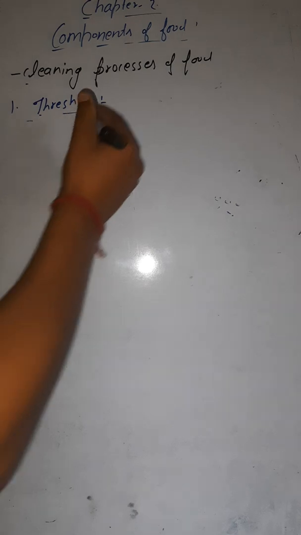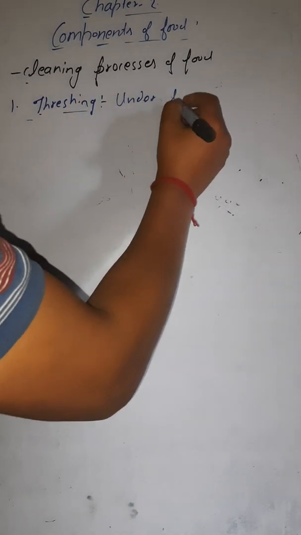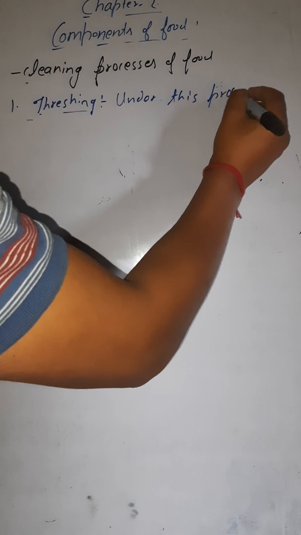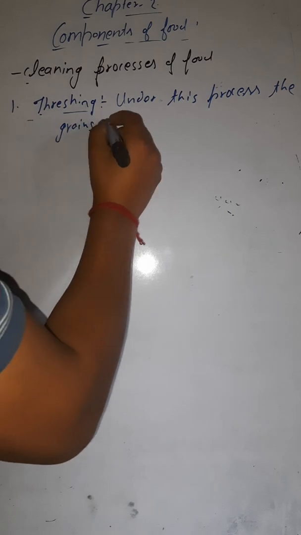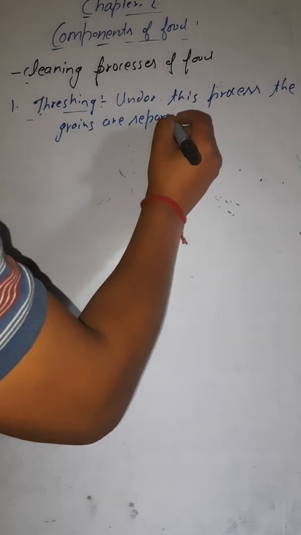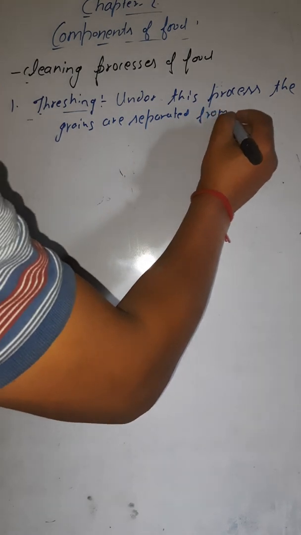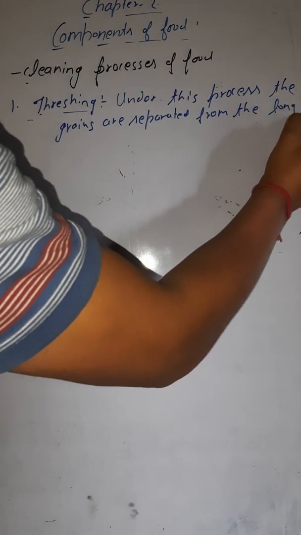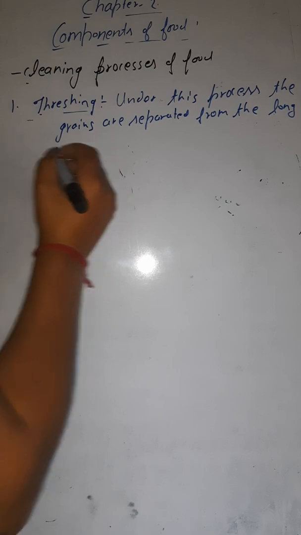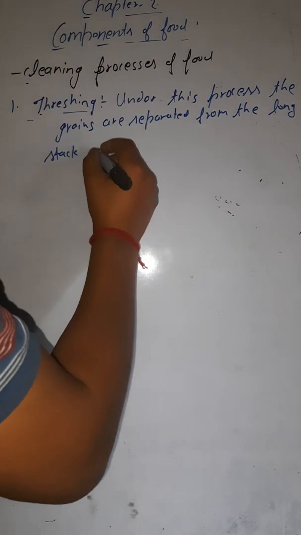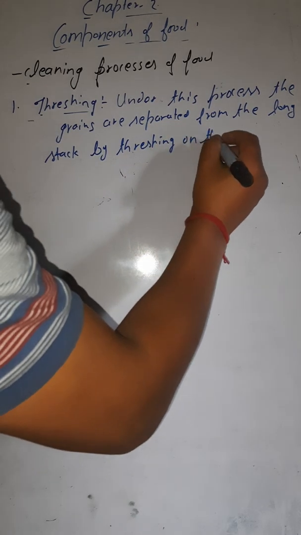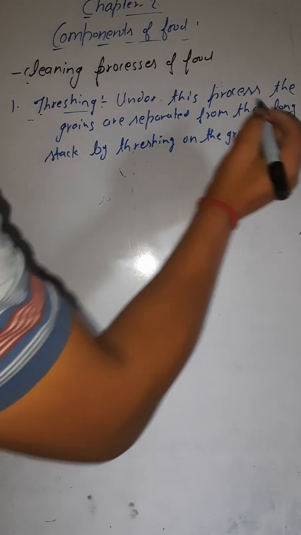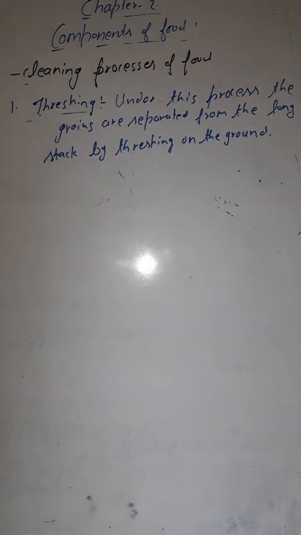Here I'm writing: under this process the grains are separated from the long stack by threshing on the ground. So this process is called the threshing process.